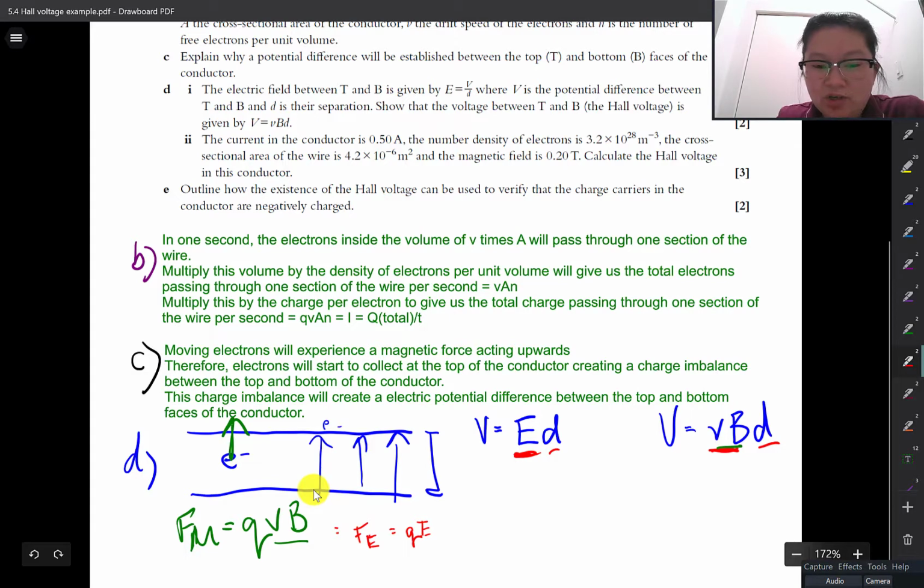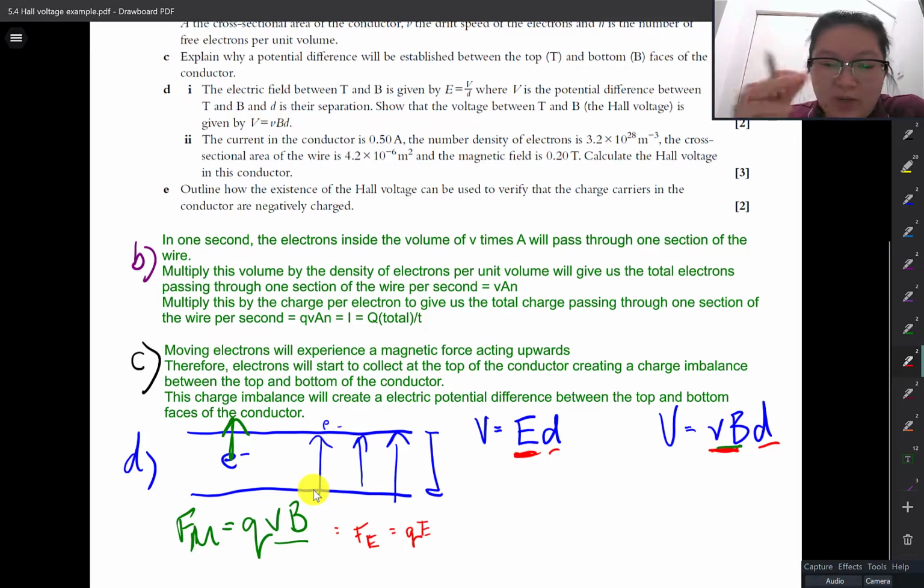You do notice the charges cancel out, and that E is equivalent to vB. But when you are asked to explain this question, you have to think about why. For me, I know where this is coming from, but for someone tackling this question for the first time, these might be the strategies you have to take.